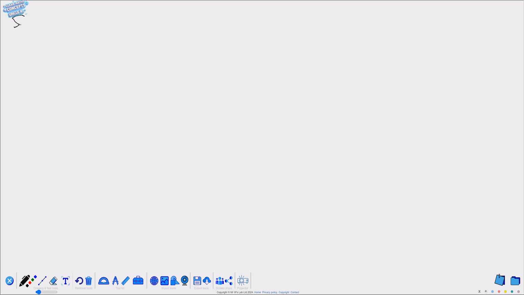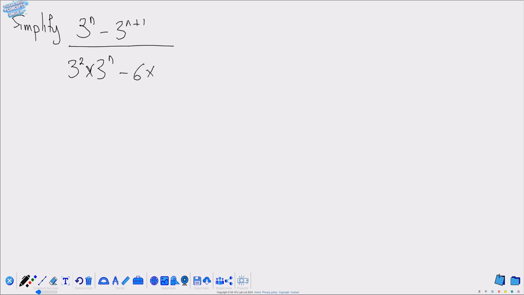I think we are now in question 6. So it says we have to simplify 3 raised to n minus 3 raised to n plus 1, over 3 raised to 2 times 3 raised to n minus 6 times 3 raised to n minus 2.